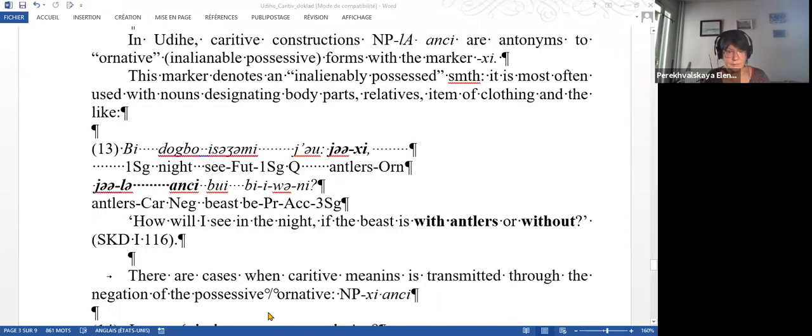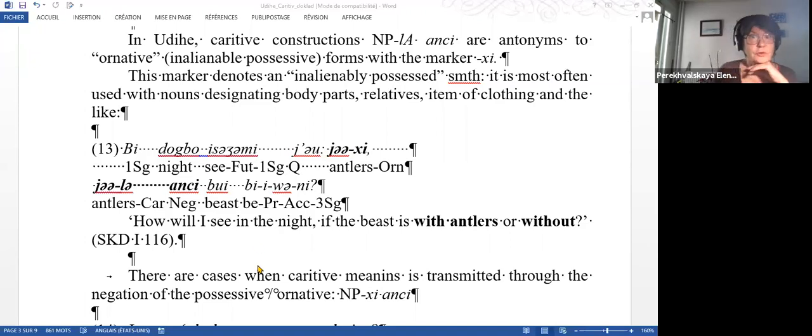And so here is a good example: he with antlers. Antlers of a deer. Or Yelanchi, viewing. How will I see in the night? Is the beast with horns, with antlers, or without them?